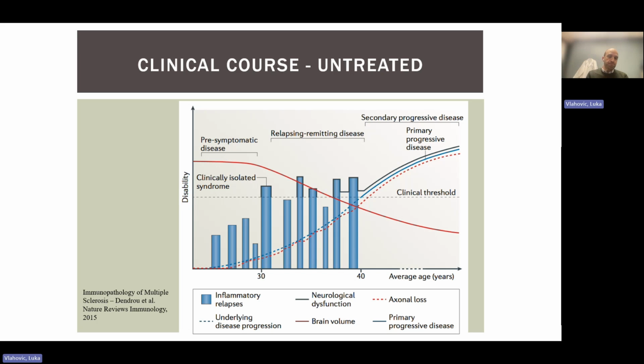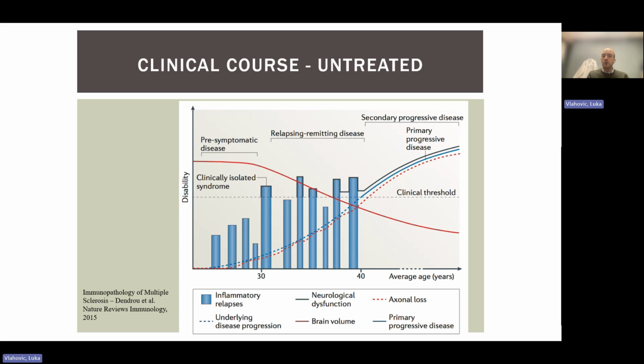Sometimes when somebody comes with a first clinical event or first relapse, called clinically isolated syndrome, we can see multiple lesions, and the lesions that do not correspond with an active relapse at that time would represent subclinical relapses that happened sometime in the past.